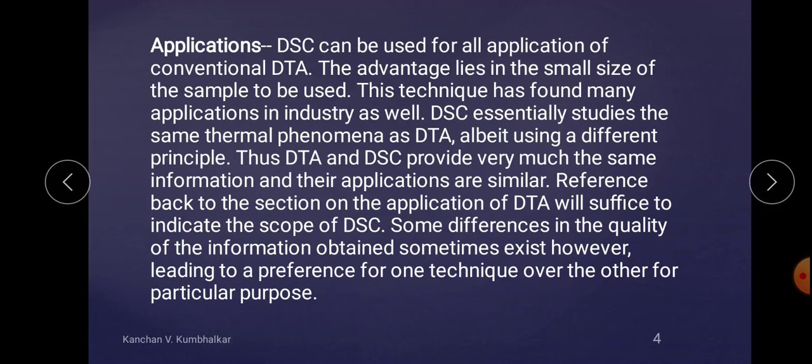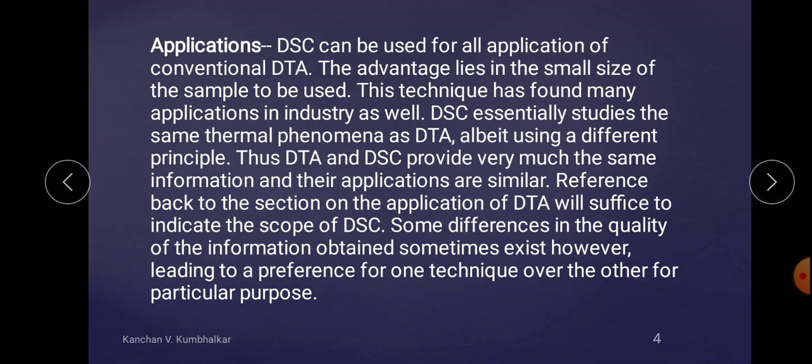Next one, in DSC, delta H is the most important aspect. What is delta H? Delta H is nothing but a difference in heat or difference in energy. Suppose at a particular temperature, if a reaction has not occurred in a sample, then the intake of heat to the sample as well as reference is exactly equal. There is no difference in temperature.